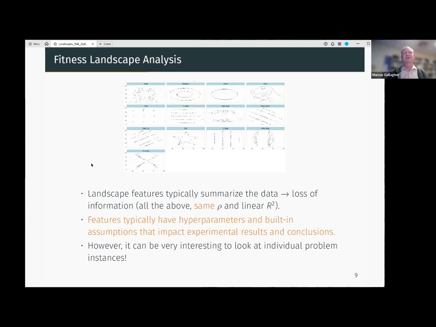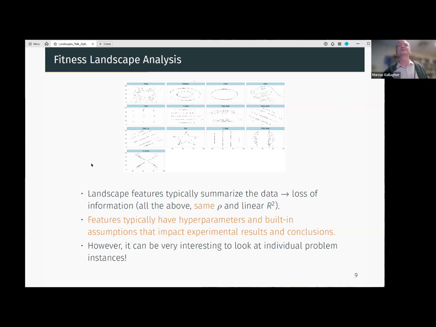Landscape features typically are about summarizing the data, because this data is coming from a high dimensional space typically. And so if you're going to take high dimensional data and summarize it in one number, then you're going to expect that you will lose a lot of information in that process.